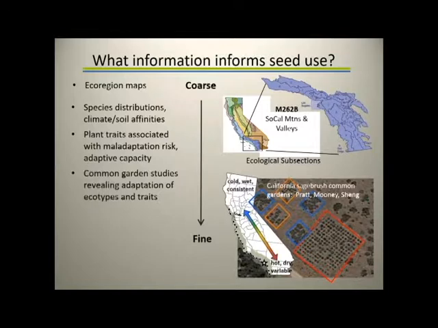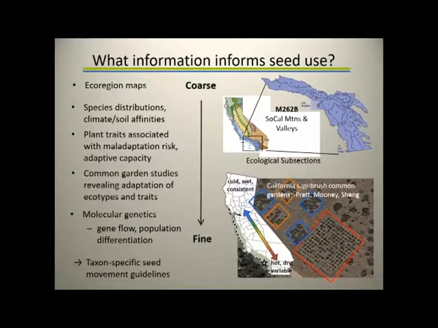There are molecular genetic studies that give us an idea about how populations are connected in space in terms of their genetic relationships, and how differentiated the populations are over space. And these sorts of data can be put together to give us some idea about taxon-specific seed transfer guidelines.